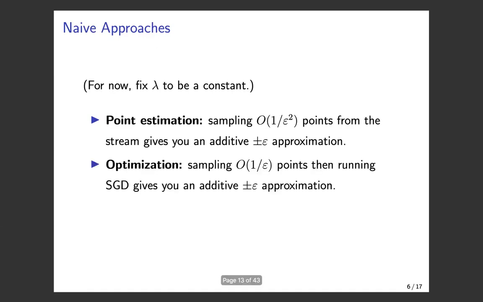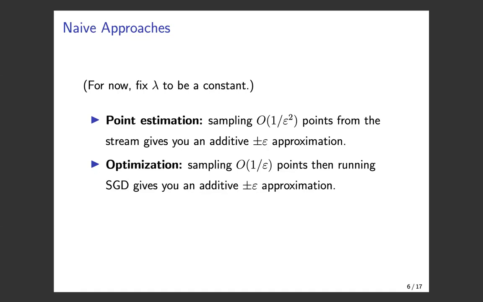Okay, and for the second problem of optimization, you can do something quite similar, which is simple, in this case, 1/epsilon points instead of 1/epsilon². If you sample 1/epsilon points, and then in this case, you run SGD, stochastic gradient descent, on these points, as though you were optimizing the objective just using this subsample, then this, again, gives you an additive plus or minus epsilon.